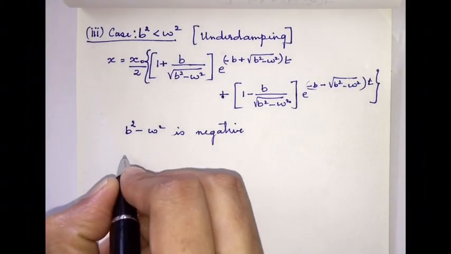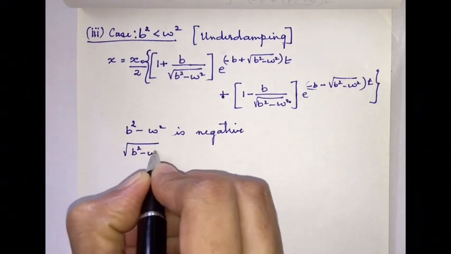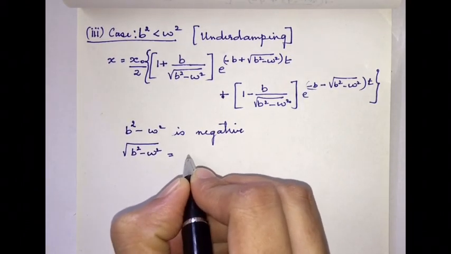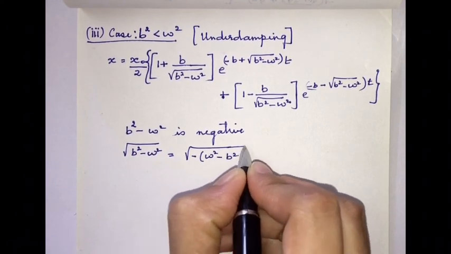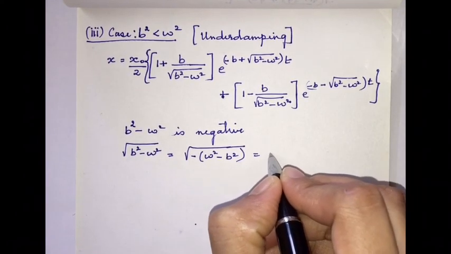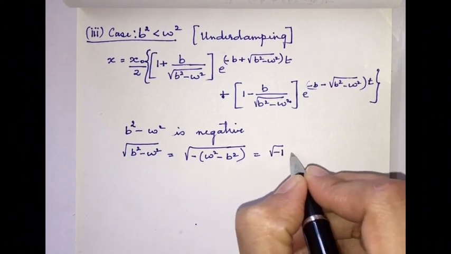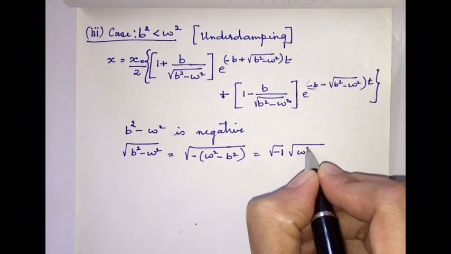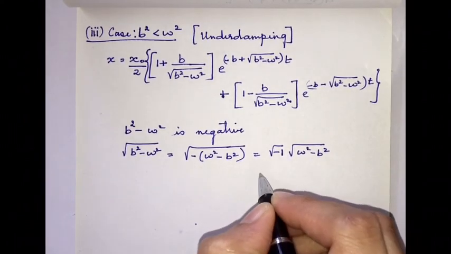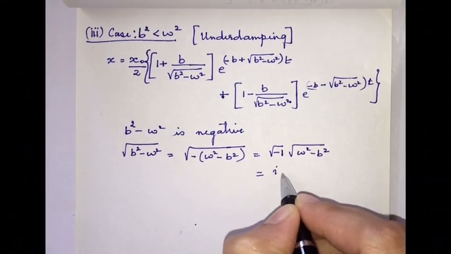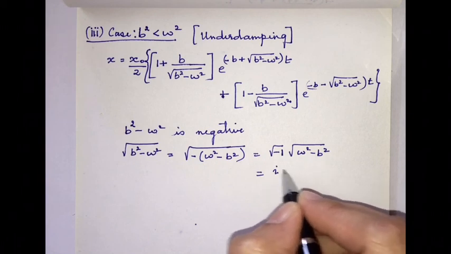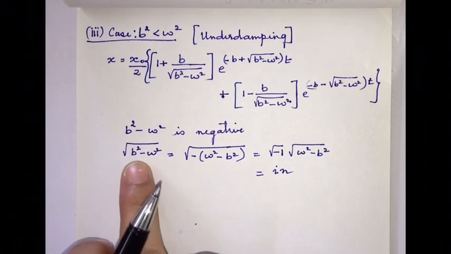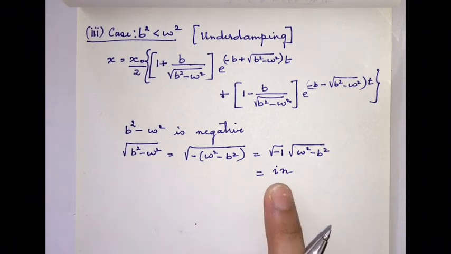So I can write this square root of b square minus omega square as square root of minus of omega square minus b square, or as root of minus 1 and root of omega square minus b square. Root of minus 1 is i, and I'll write square root of omega square minus b square as n. So root of b square minus omega square is written as i into n.